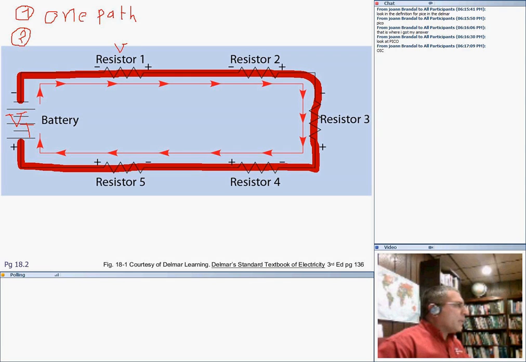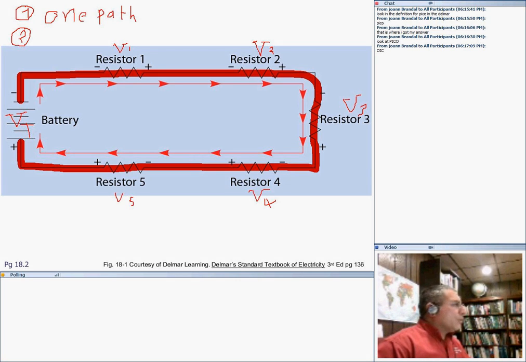So we call the voltage across this resistor V1, the voltage across this resistor V2, across this resistor V3, this one V4, and this one V5.